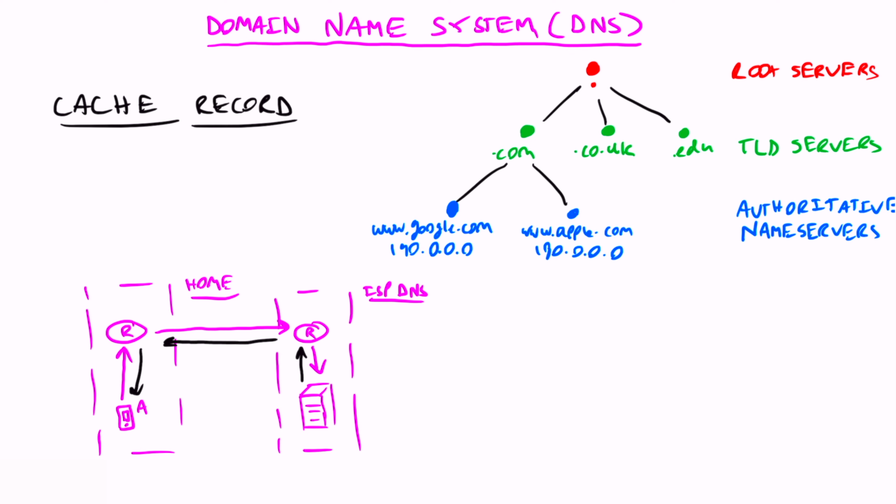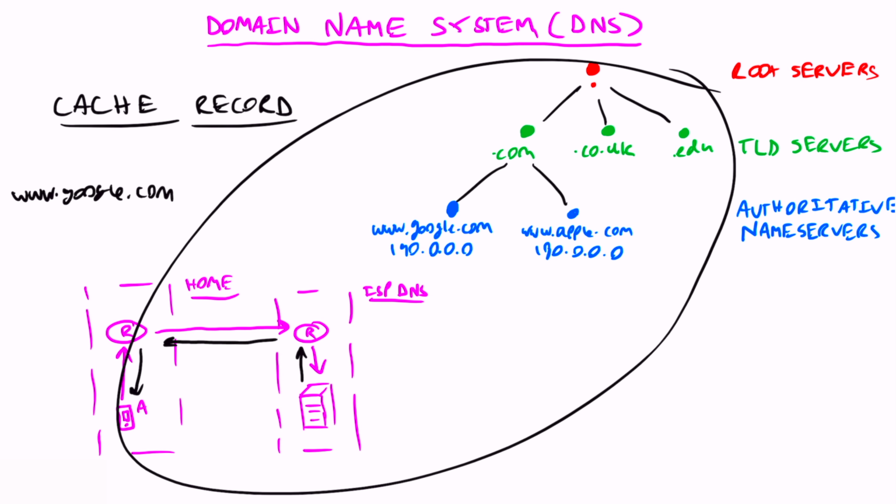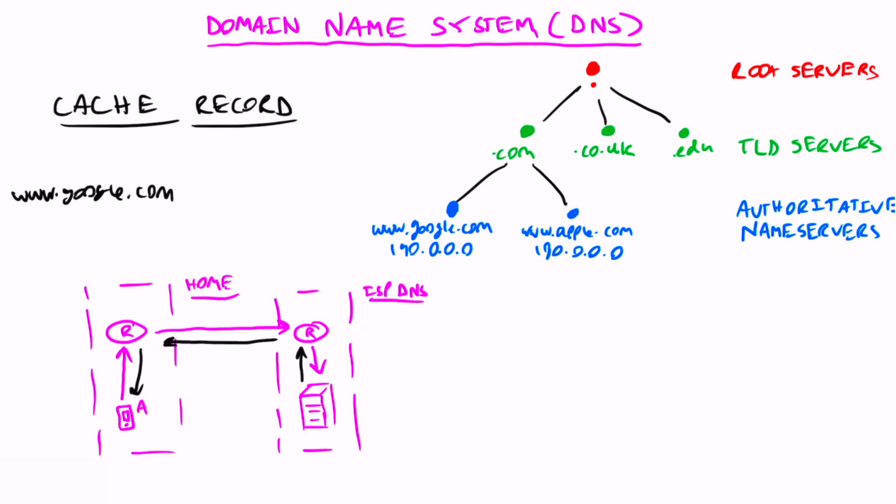So if we search google.com, and then the first time we did this entire process, this entire DNS lookup, we just then get the IP address back, but then we store the IP address. And we can give that a time to live. So this mapping, which is name, IP, we can give that a time to live and say, okay, I want this mapping to last 1 day.